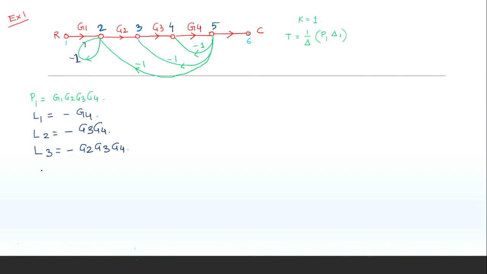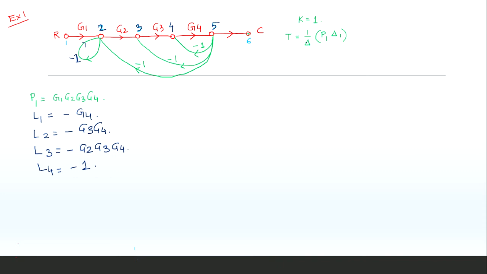So my loop 4 has a gain of minus 1. Are there any more loops? Find out if there are any more loops. No, this cannot be. Okay, so these four loops are present.